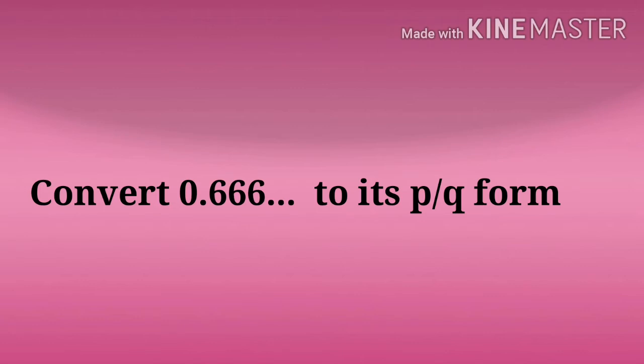Decimal expansion 0.666, etc. Change it to p by q form. How can we? Yeah, you already studied some steps to convert it, right?